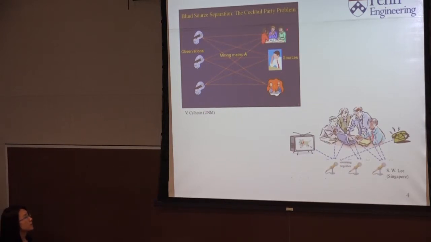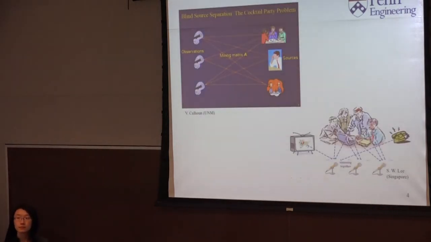We have no information about what exactly they are saying, and no information about the mixture process, but we have the observations, which are three mixtures of the three sources. So the BSS problem is, based on these observations, how do we find the original signals? This is a similar example of recovering the original signal from a mixture.